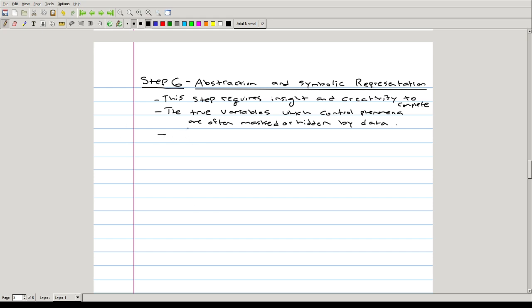And this step is where a good knowledge of modern mathematics and the physical sciences is often crucial.